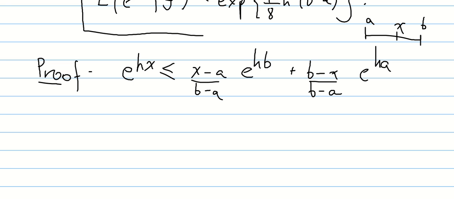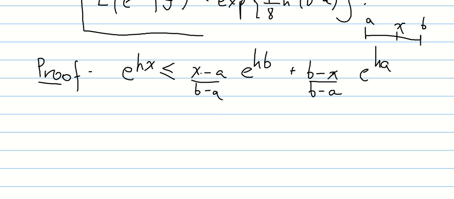Let's see why this is true. If we sum this and this, x will cancel, and we get (b minus a) over (b minus a). So indeed, this can be written as such, because the sum is 1.